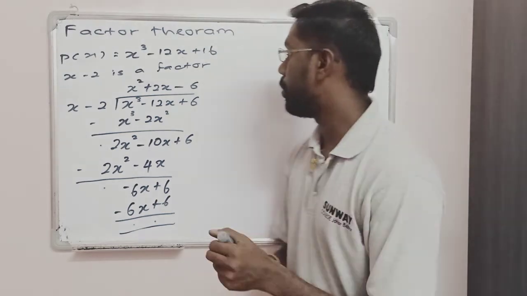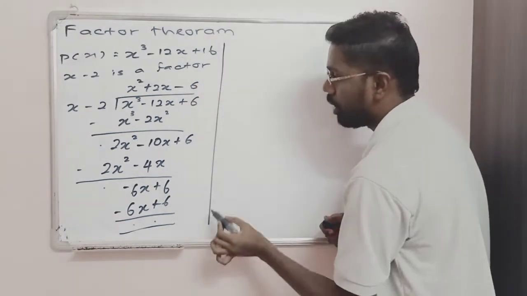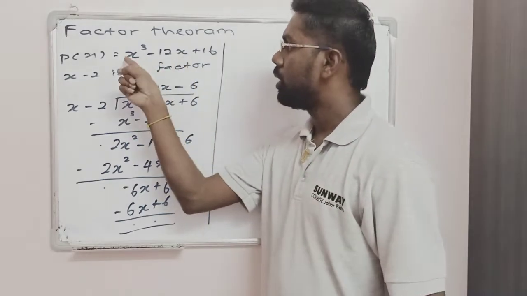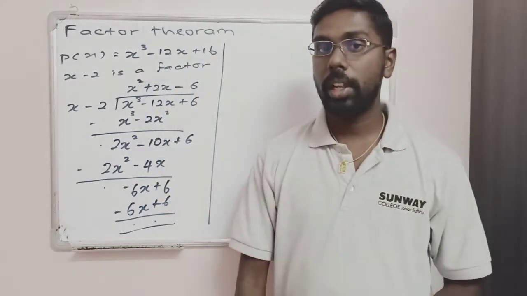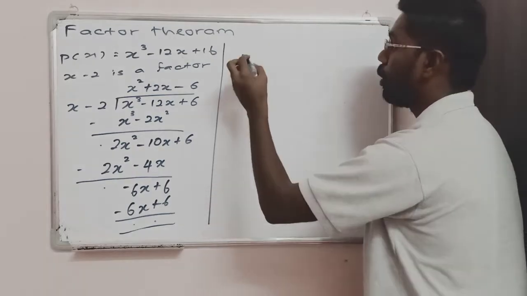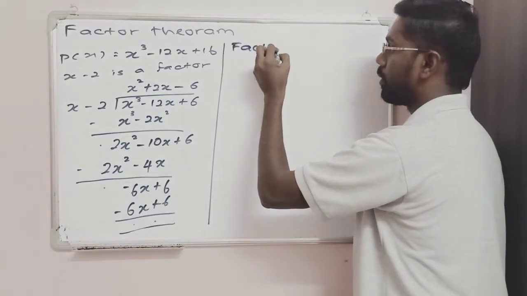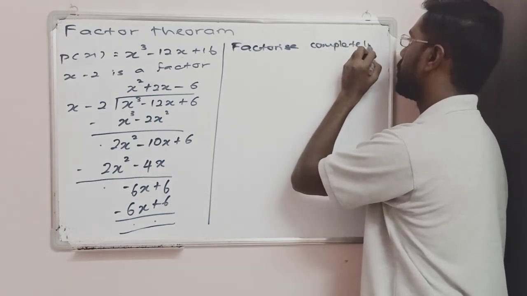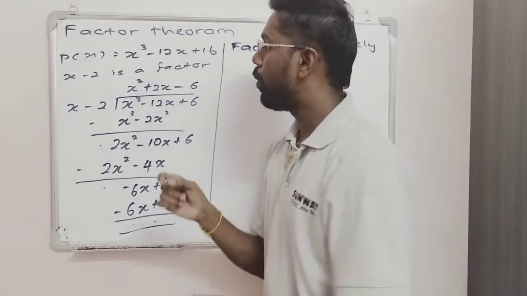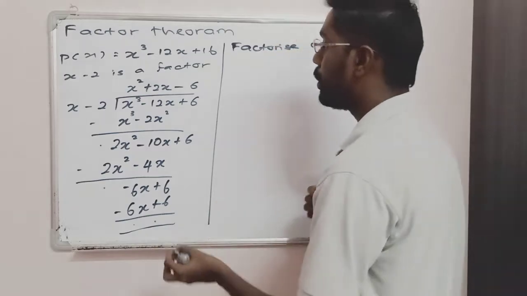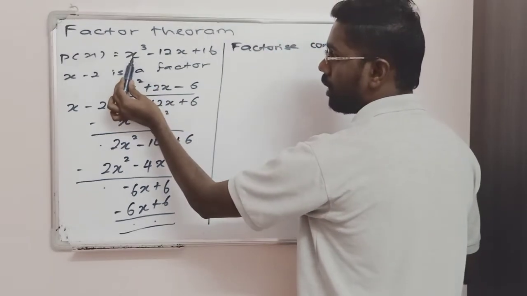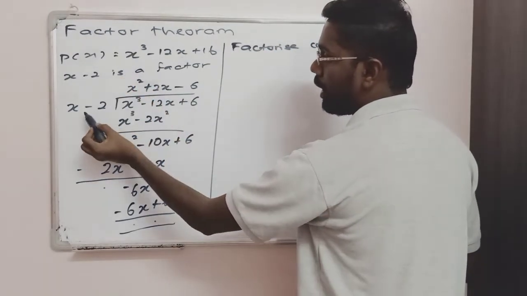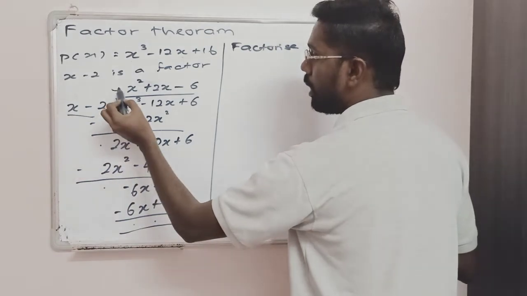Now we want to factorize the polynomial completely. To factorize this polynomial, I can rewrite it as the product of here multiplied by here.